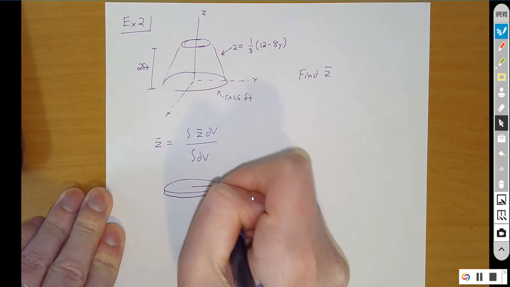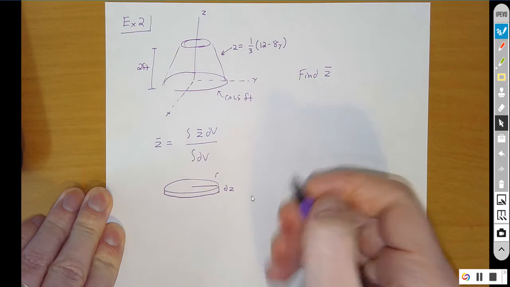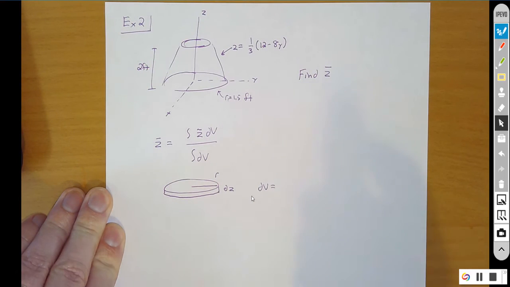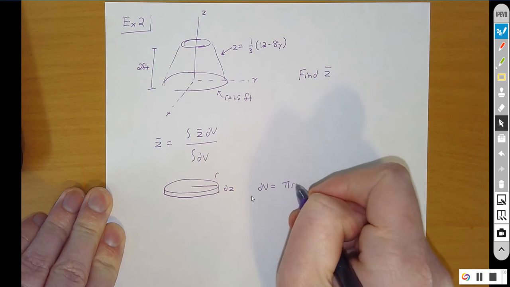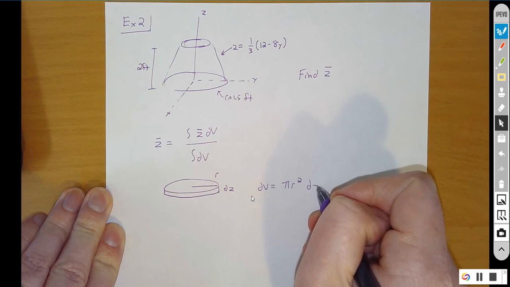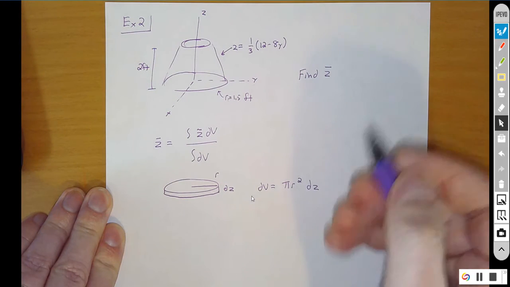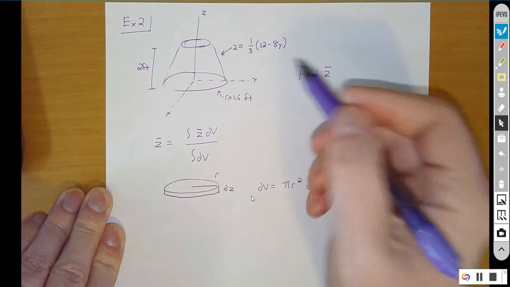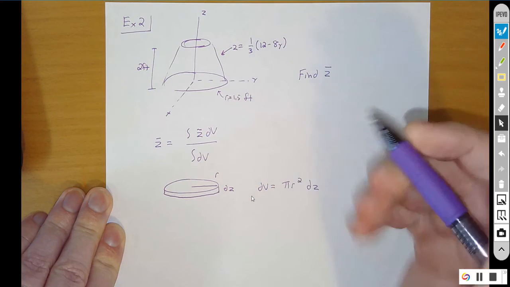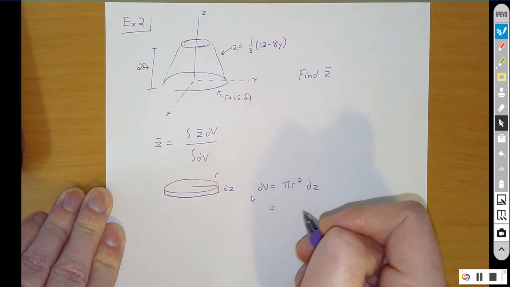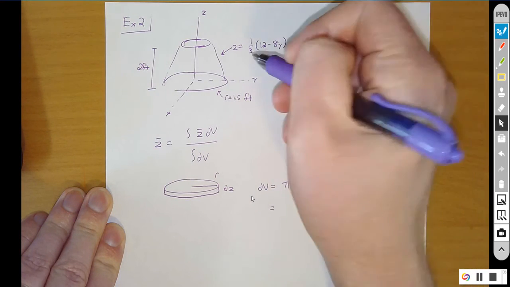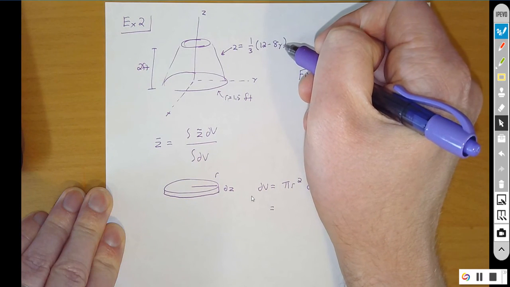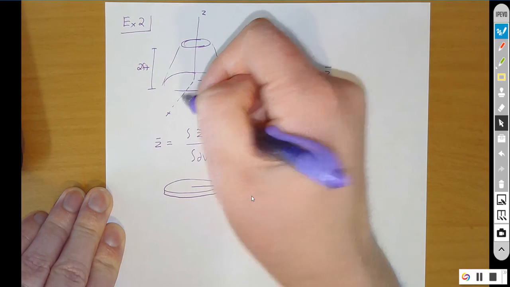This will have a radius, and the volume of this is just the volume of a cylinder, so it's pi r squared dz. R is related back to this equation here. This equation is written as z equals, but we need the radius to be either in the y direction or in the x direction.